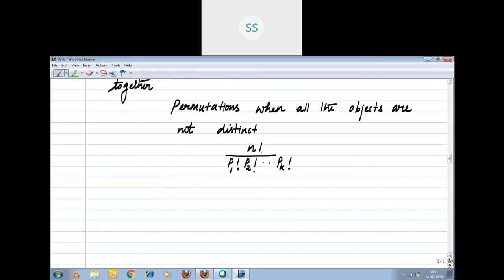Got it? Why are we applying this? Here S and I are repeated 2 to 4 times, right? That's why it falls in the category where all the objects are not distinct.